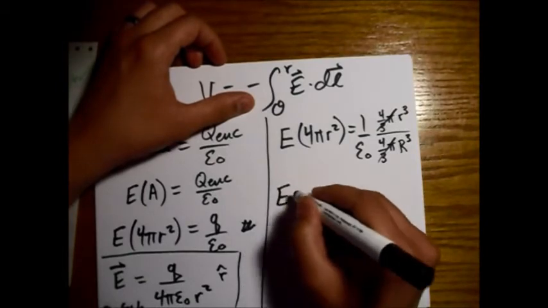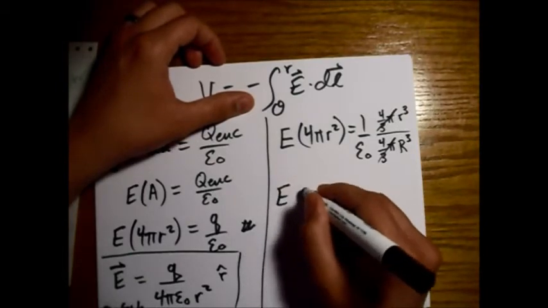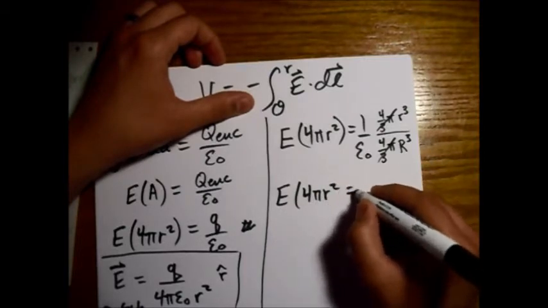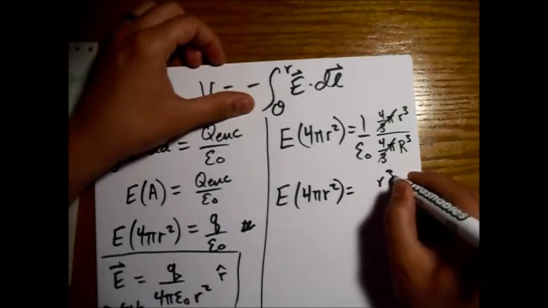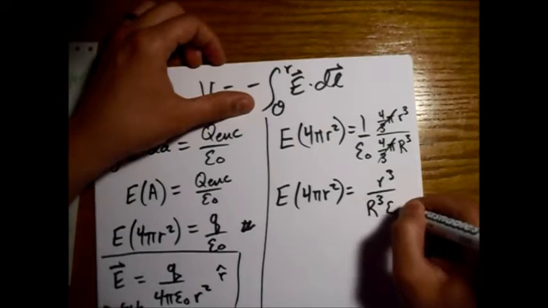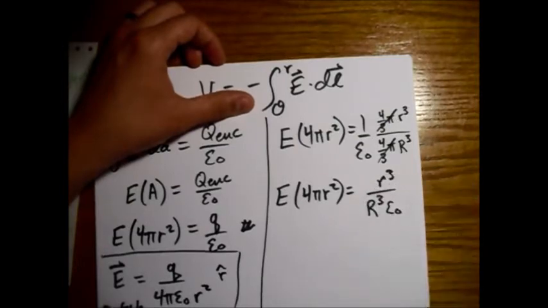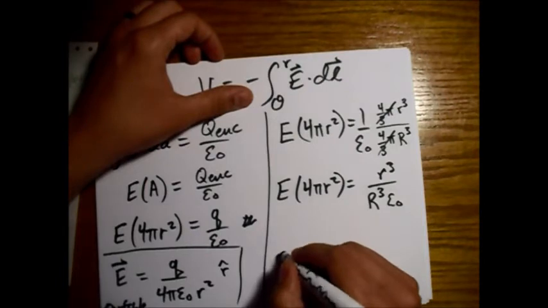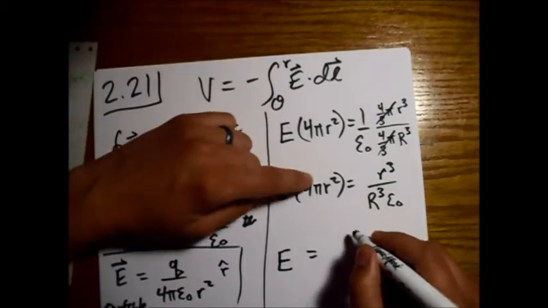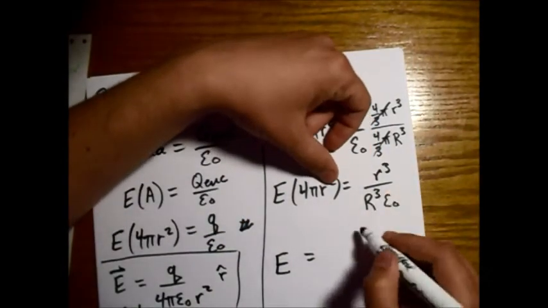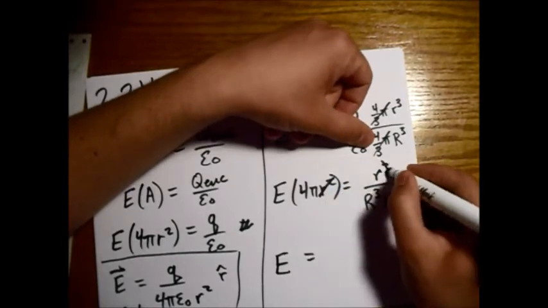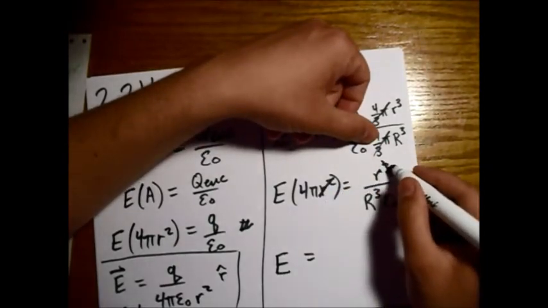So we have E, I'll leave 4 pi r squared on there for now, equals little r cubed over big R cubed and epsilon naught. Now we divide this through. We have E equals, the r squared will cancel with 2 of the powers of r here.